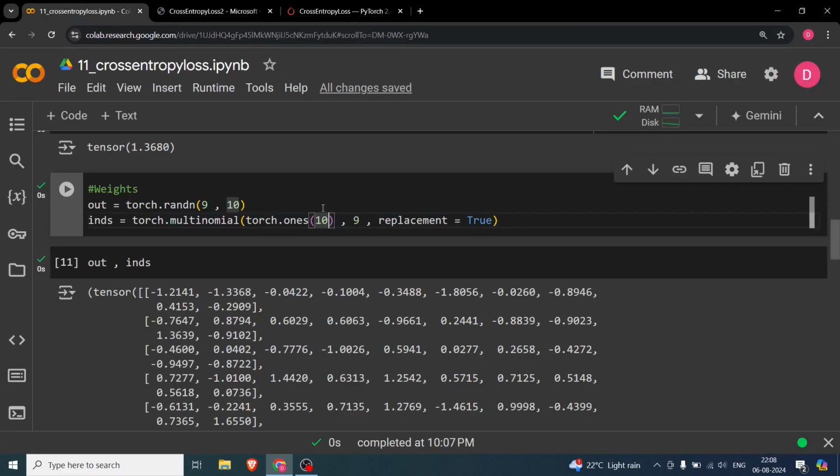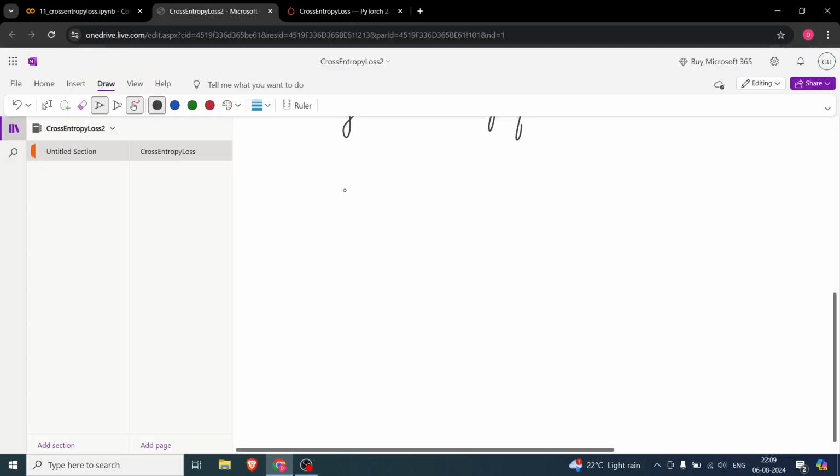It says, first give me torch.ones, you can have anything over here, torch.ones of let's say 10, which means there are 10 values. So it's like 1 2 3 4 5, 1 2 3 4 and 5. Okay, so there are 10 ones over here.